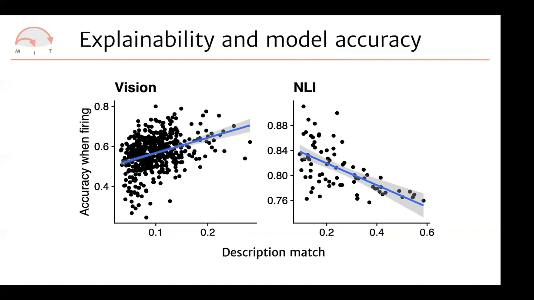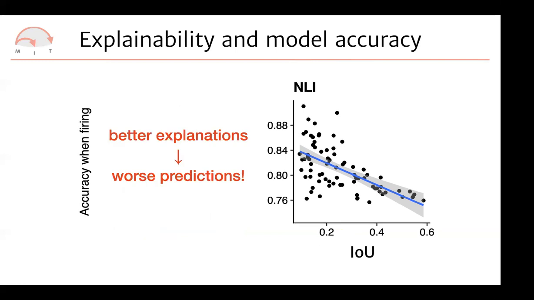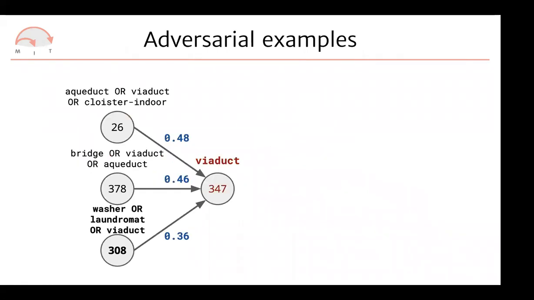And therefore, when you fire, you are not necessarily going to be all that well correlated with generalization to the test set. Right, so just to say this in another way, on this natural language inference task in particular, better explanations actually translate into worse predictions from the model.